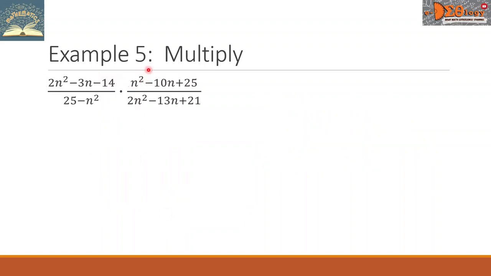Example 5. Multiply 2n squared minus 3n minus 14 all over 25 minus n squared times n squared minus 10n plus 25 all over 2n squared minus 13n plus 21.